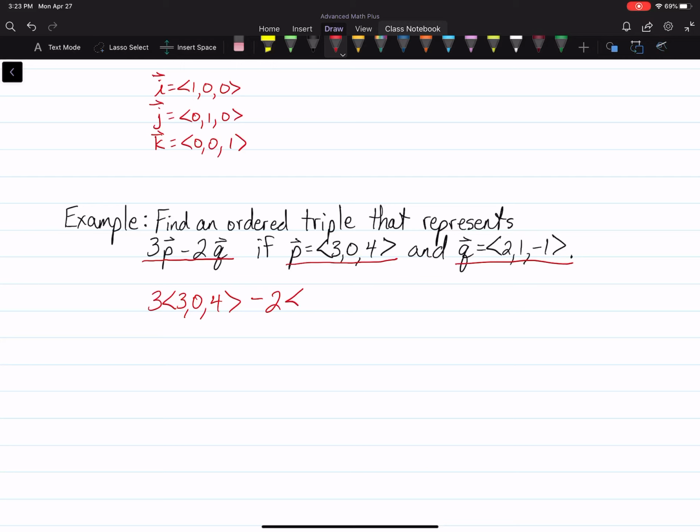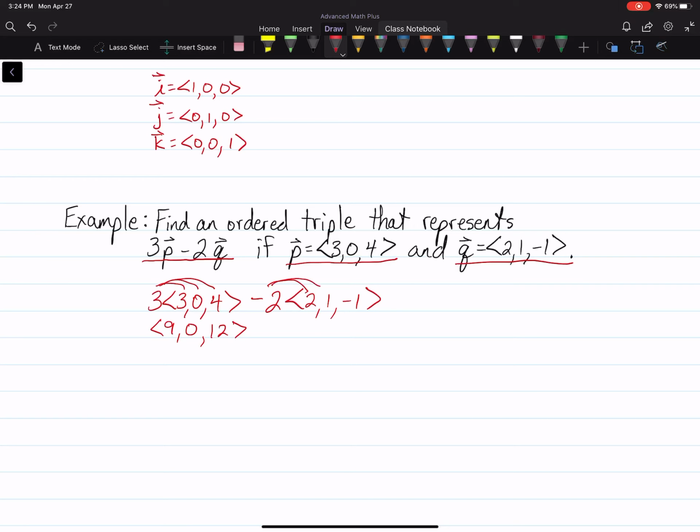Minus 2 times vector q is 2(2, 1, -1). And like I've said before, you're basically just distributing your number on the outside times the vector. So that's going to be 9, 0, and 12.